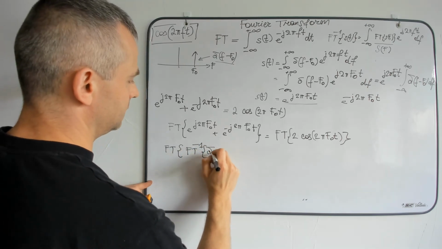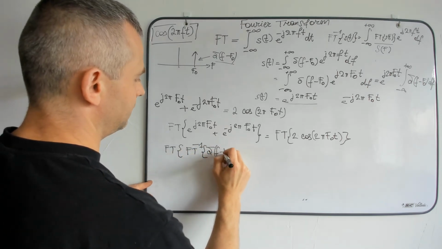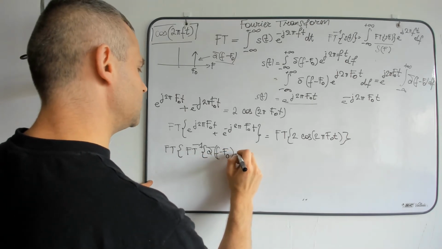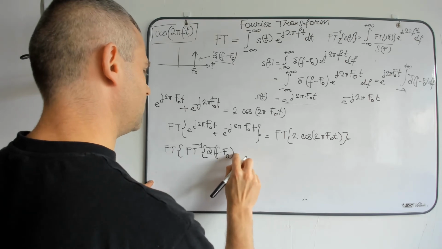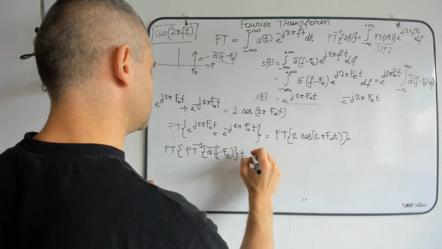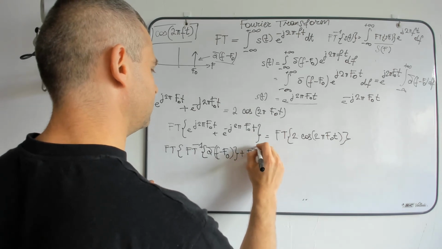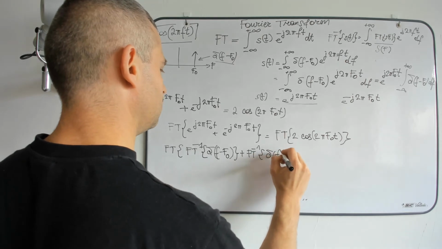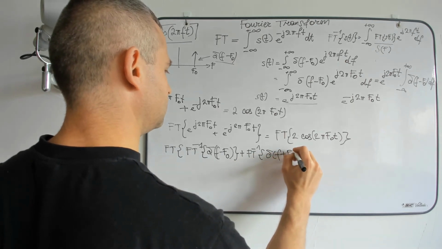Of the Dirac delta function delayed by minus f0, plus the inverse of Fourier transform of delta function plus f0.